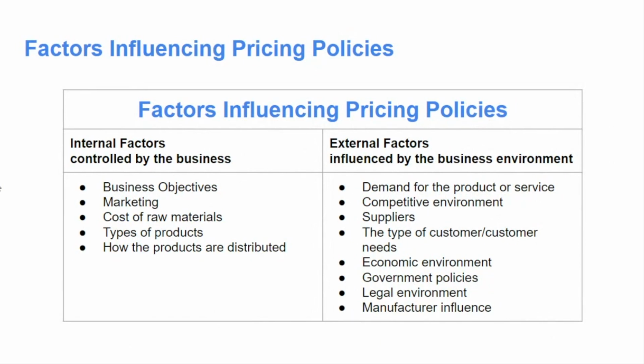First of all, internally, there are some things that you need to think about. You have to think about your business objectives. What is your objective here? Are you a charity? Is your job to provide services at as low a cost as possible to your customer? If you're a charity, that's going to bring your prices down.